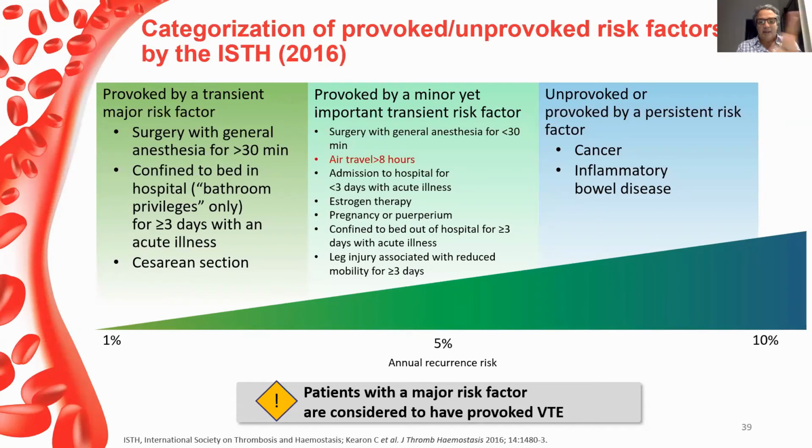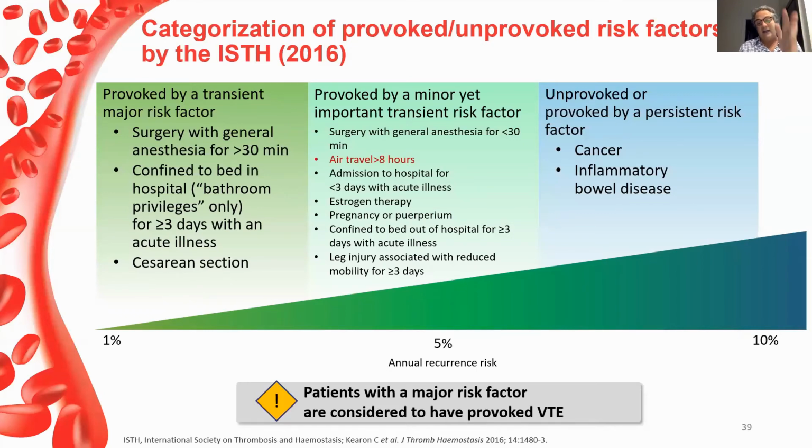The reason that some of these were changed to the middle is it shouldn't give you comfort that the patient had a VTE while having a long airplane trip or on the birth control pill, because that's not clearly provoked. It's a minor yet important transient risk factor, and their annual recurrence risk is about 5%.